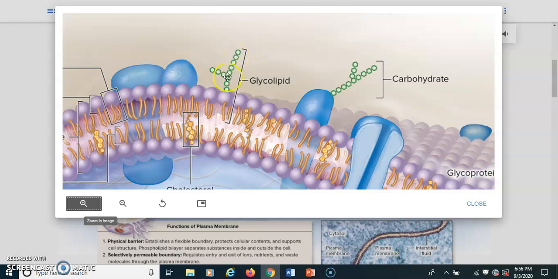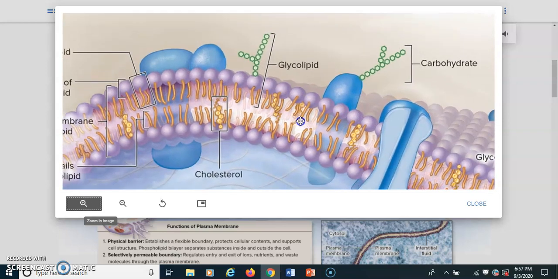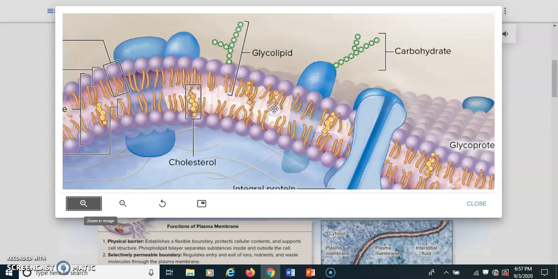So this is like a marking on the cell that helps other cells know what that cell is and identifies it. So that is our glycolipids. So those are important in cell-to-cell recognition. All right. So that is our structure.